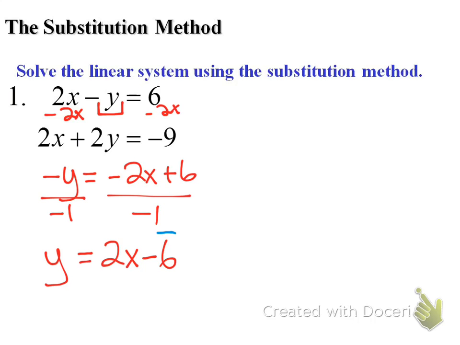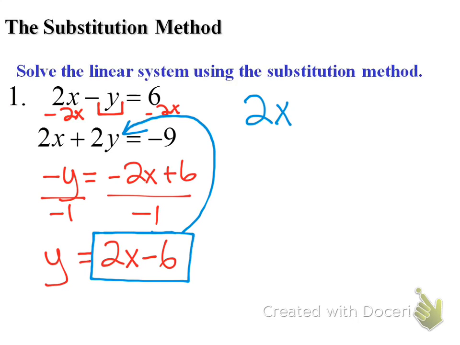Step 2 says to take that expression, so I'm going to take this expression that y equals, and I'm going to replace the y in the other equation with that value. So now I have 2x plus 2, but instead of y, I'm going to write 2x minus 6, equals negative 9.